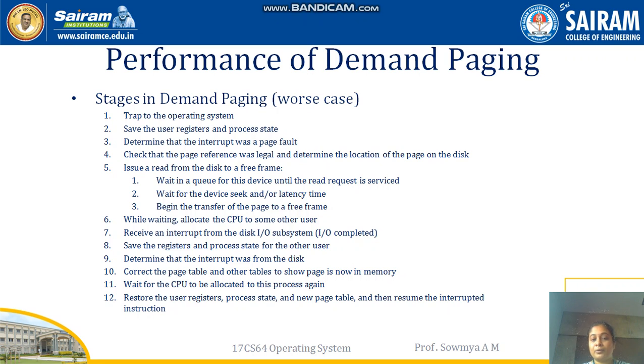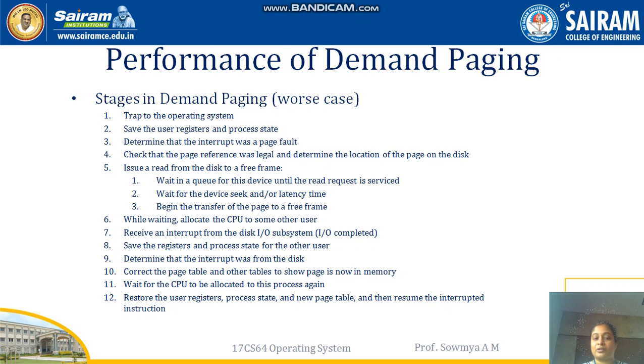Wait for the CPU to be allocated to the process again. Since some other process was executing while you were doing page fault management, you have to wait until the CPU is allocated to you. Restore the user register, process state, and new page table, and resume the interrupted instruction.